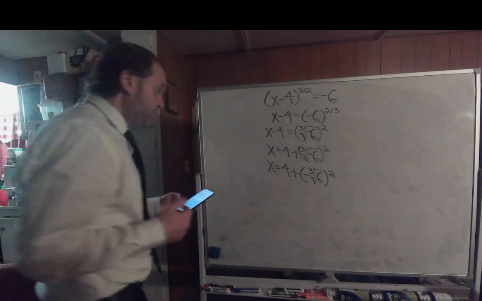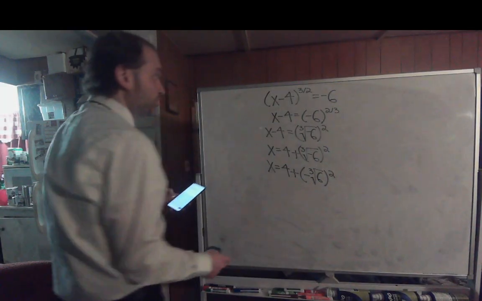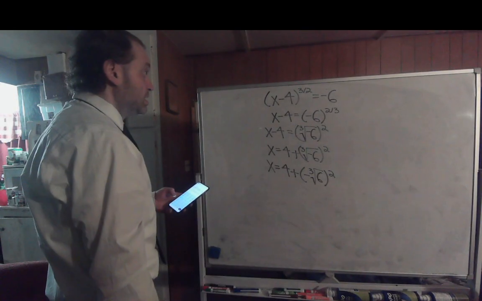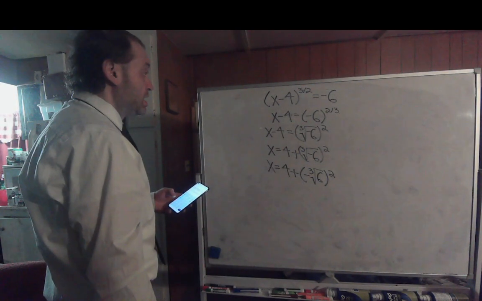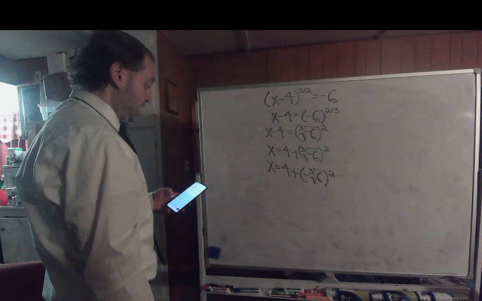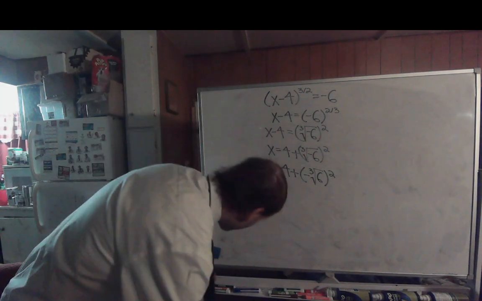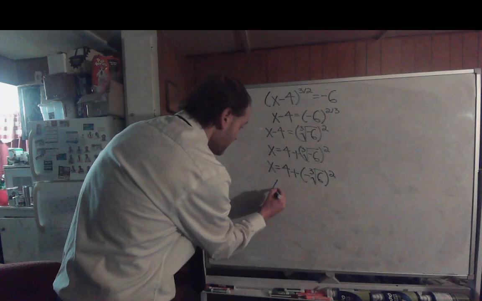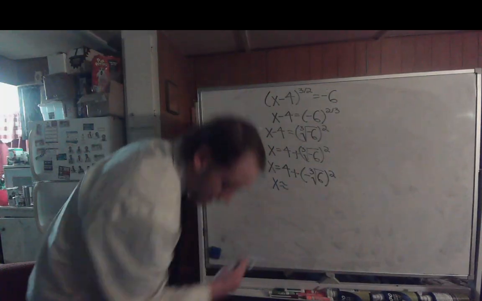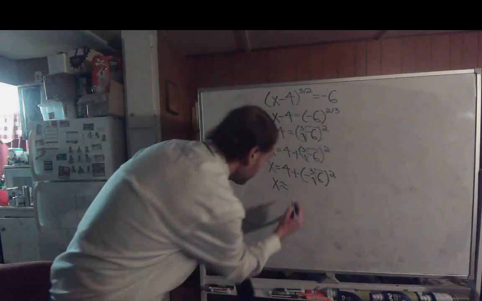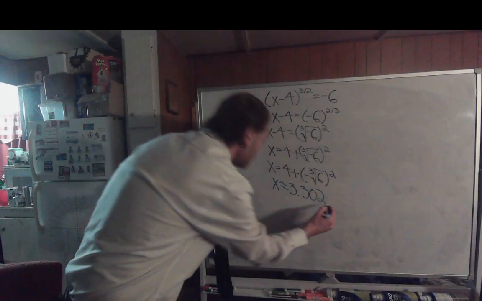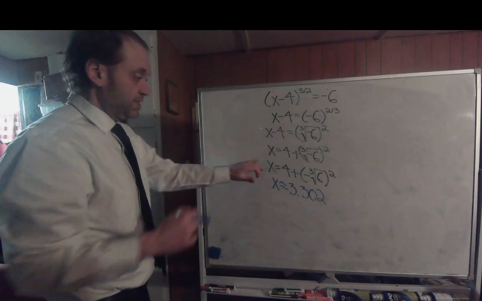All right, that would be a little over 3. So here's the thing. If you add all this together, x would approximately equal 3.302, right? That's what this would equal.